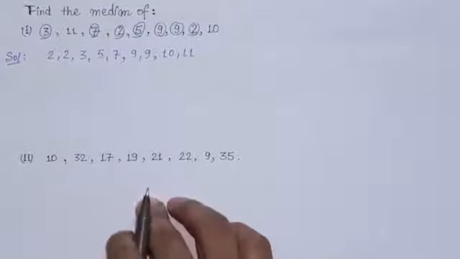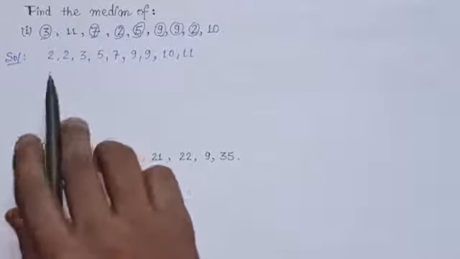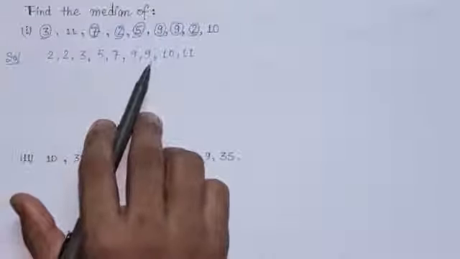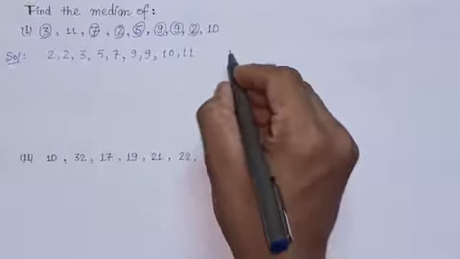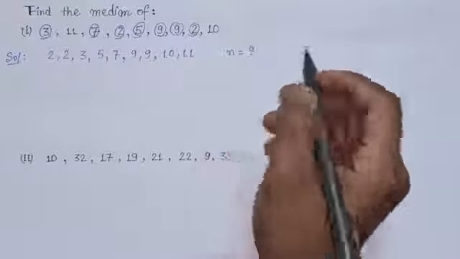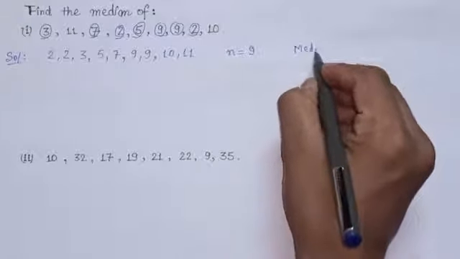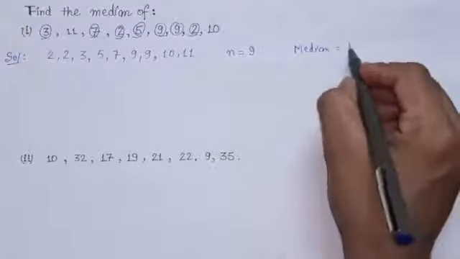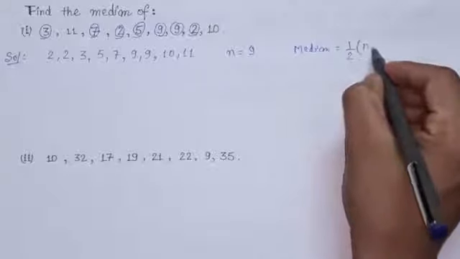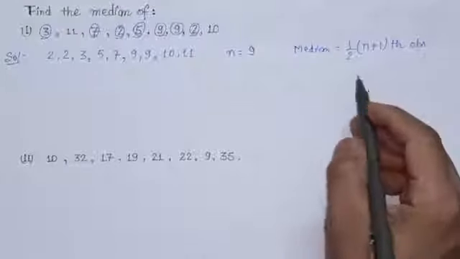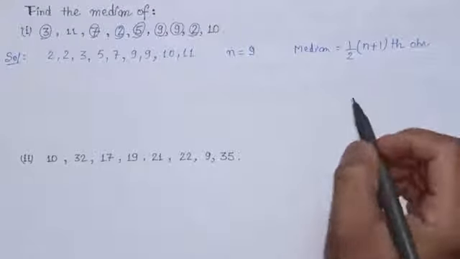Now we can calculate the median, but let us first count the number of observations: 1, 2, 3, 4, 5, 6, 7, 8, 9. There are 9 observations in this data, which is odd. So if the number of observations is odd, the formula for the median is half of the (n plus 1)th observation, that is the value of the (n plus 1) by 2th observation.